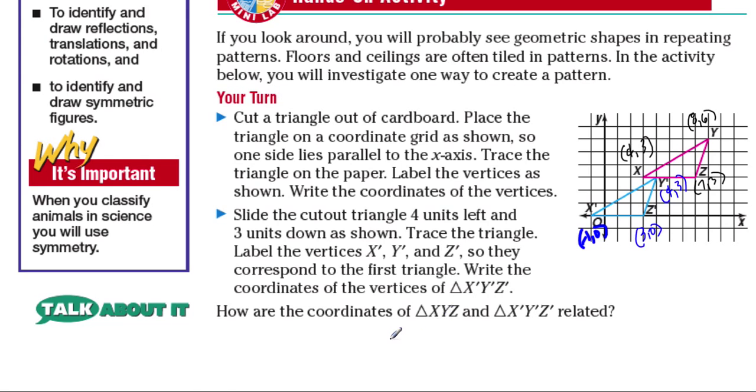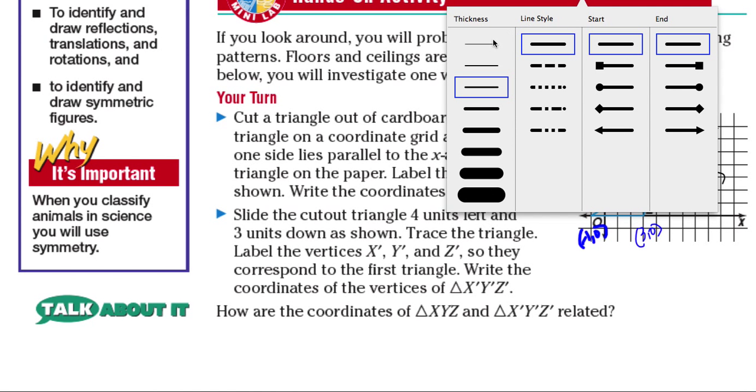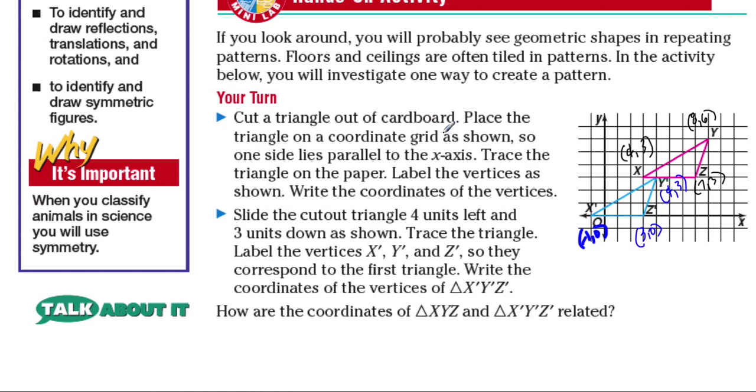We're asked, how are the coordinates of triangle XYZ and triangle X prime, Y prime, Z prime related? Remember, in our coordinate system, when we say 4 units to the left, like when we did slope, it means negative 4.